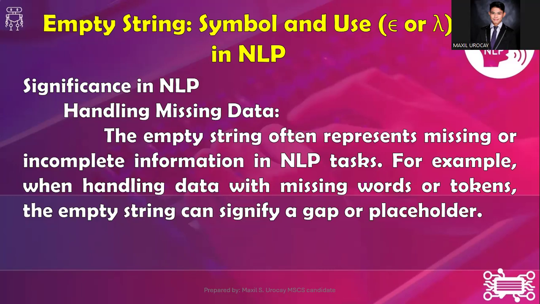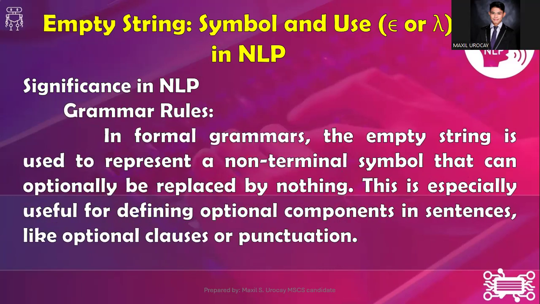We also have here grammar rules. In formal grammars, the empty string is used to represent a non-terminal symbol that can optionally be replaced by nothing. This is especially useful for defining optional components in sentences, like optional clauses or punctuation. So in NLP, the empty string is crucial in formal grammars, as we already know from our automata.